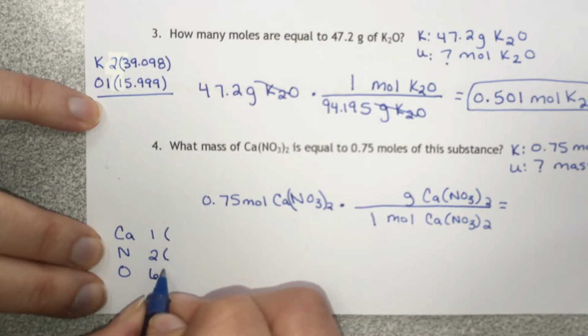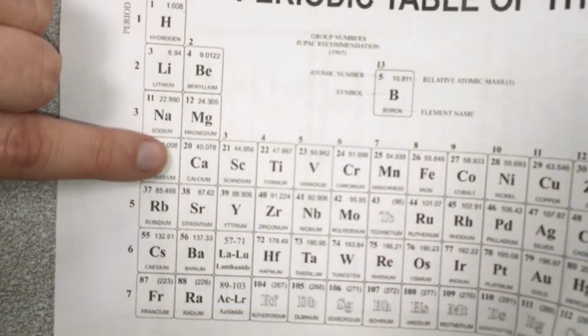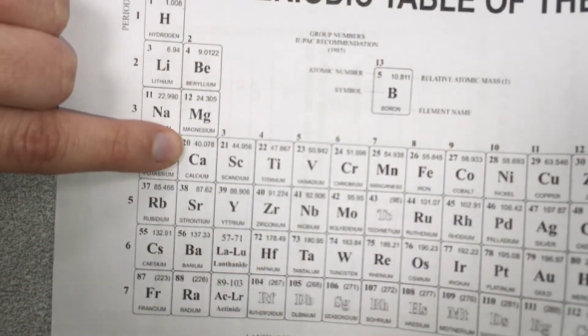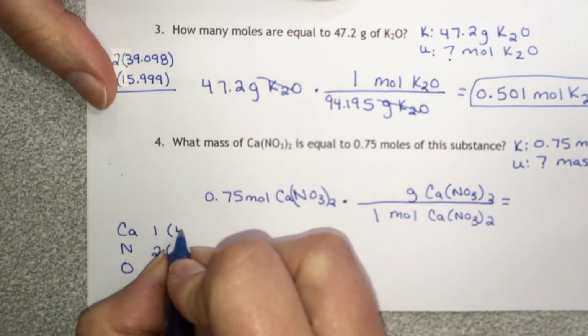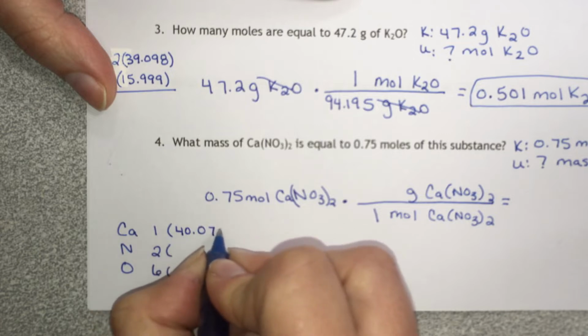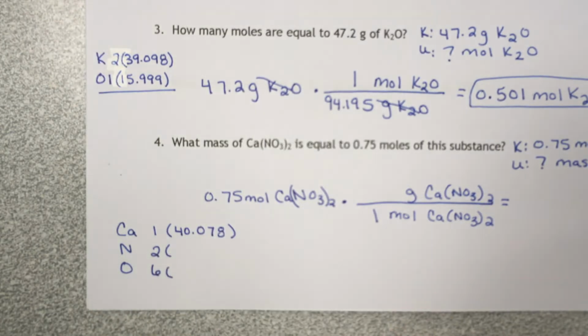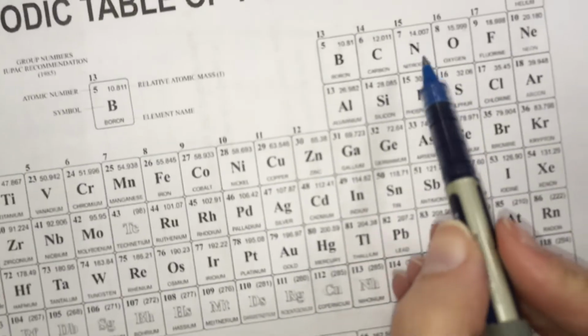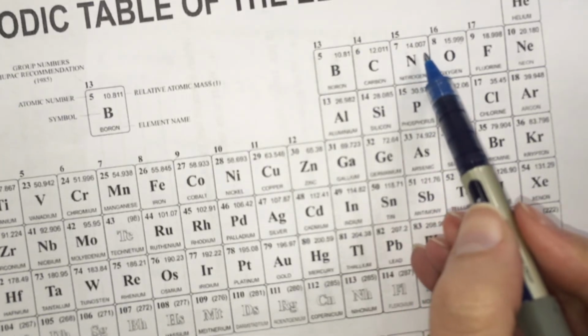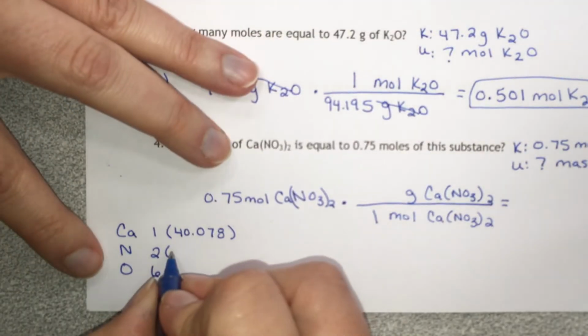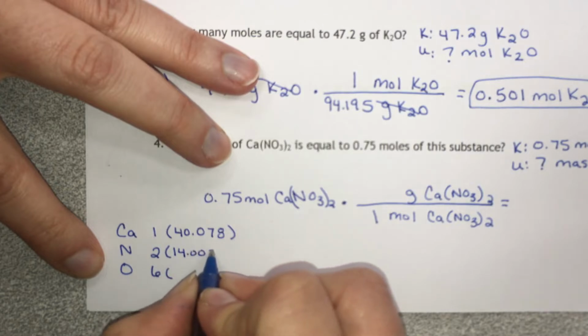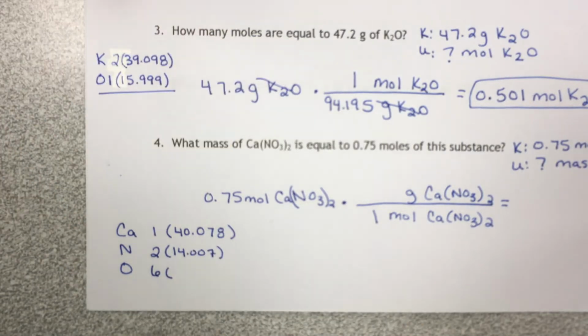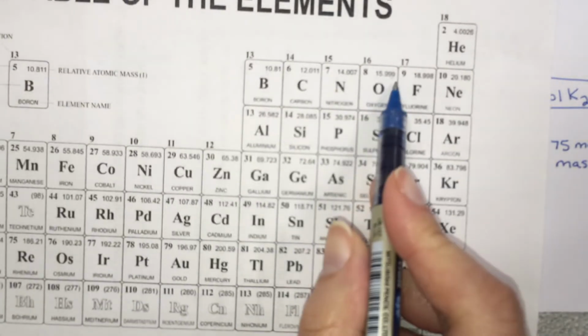Now we just go to the periodic table, find out how much they weigh. Calcium has a molar mass of 40.078. And nitrogen has a mass of 14.007. And oxygen, 15.999.